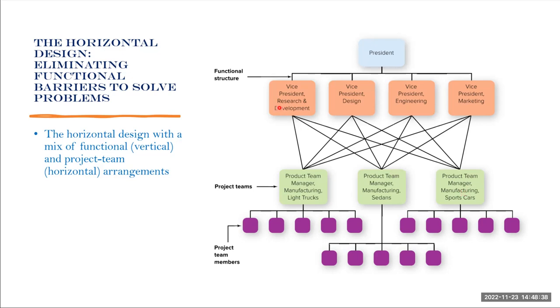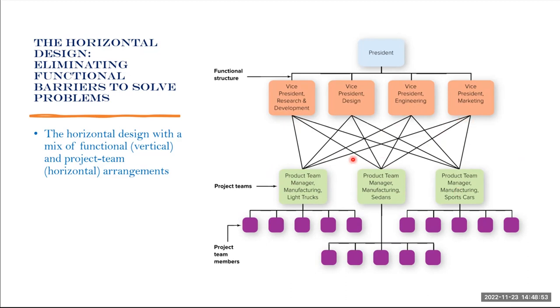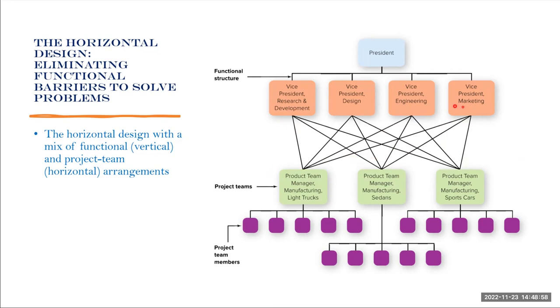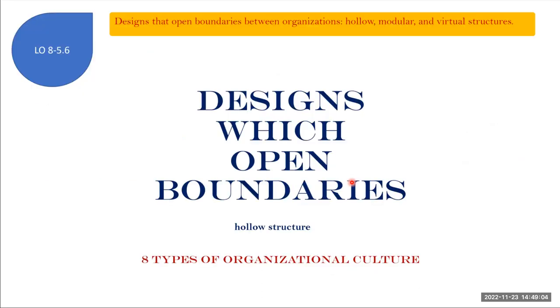So the R&D VP is going to interact with all three of these teams, and so will the marketing VP. He will be doing marketing for all three different project teams. So in a horizontal design, eliminating functional barriers, all these people will be communicating with one another. So much for the five different designs that we've already looked at. There are three more remaining.